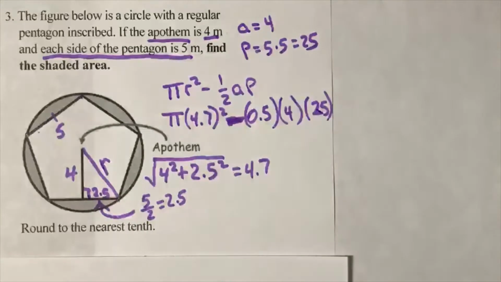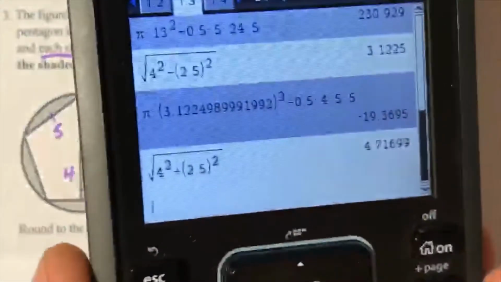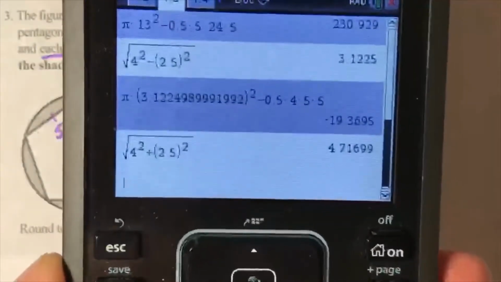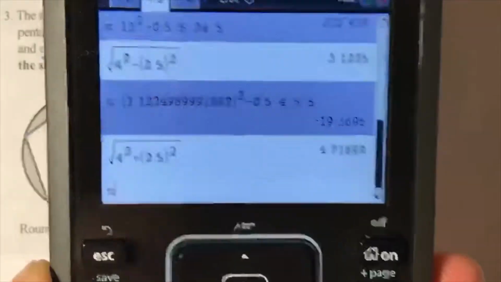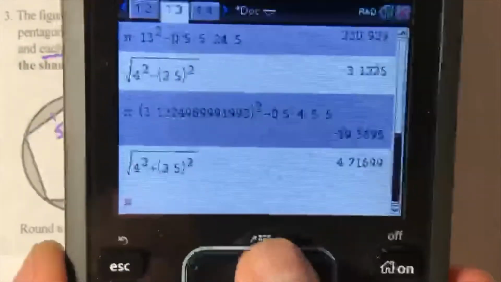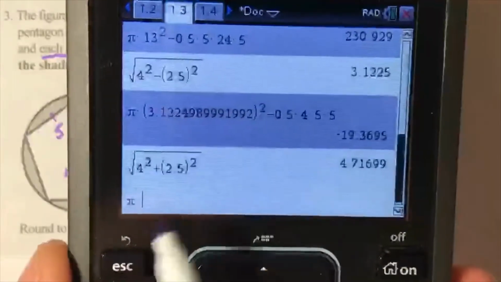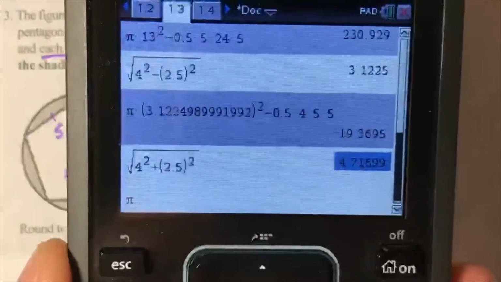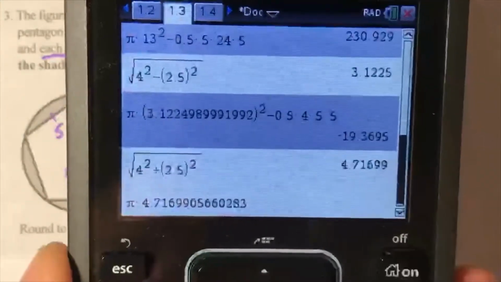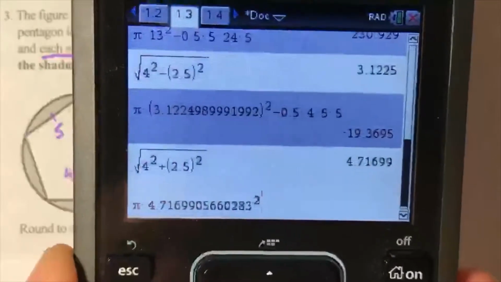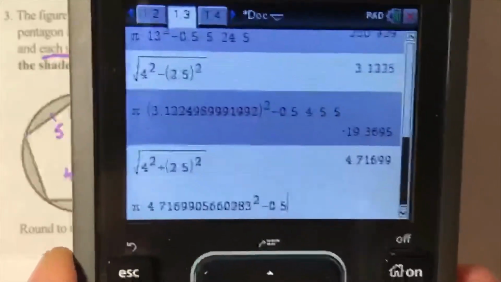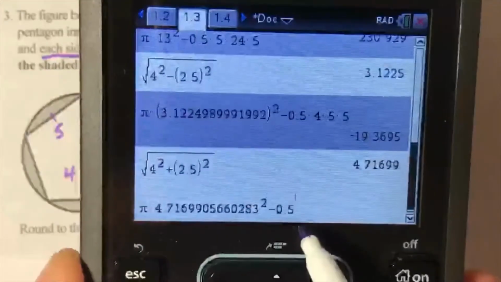Okay, now when you go to the calculator, I want you to get your pi, press enter, and we want to times radius. Now radius, we just calculated it right here, and we want to get those decimals. Look at all of those. Okay, square that. Now subtract the area of the pentagon.